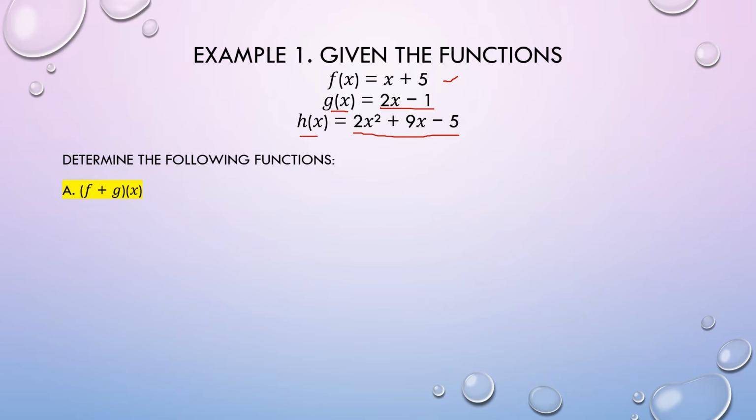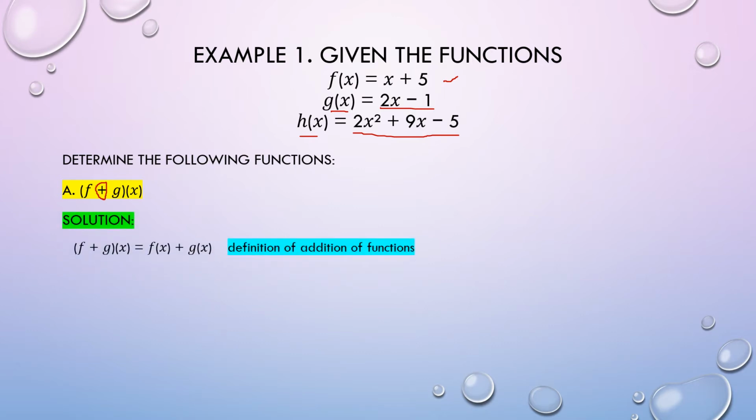So it says here f plus g at x. That means we're going to use the operation addition. Okay? So here is the solution. f plus g at x is equal to f of x plus g of x.